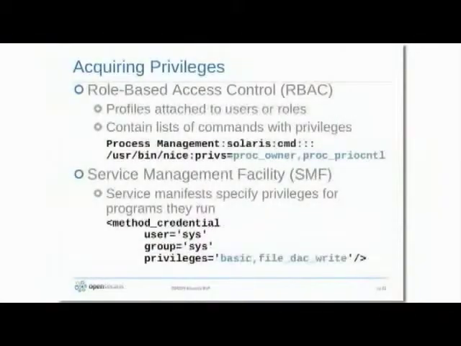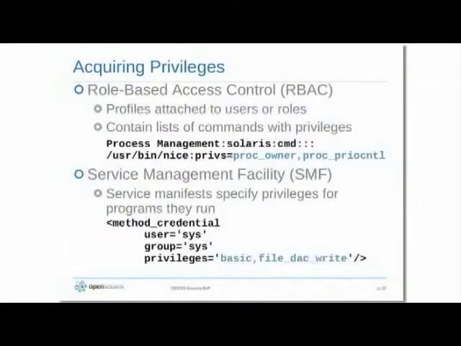So a user using one of those RBAC profiles, like the example on the slide here, the process management profile, lets you control other processes on the system, so it allows you to run the nice command with 2 privileges that you need in order to affect other processes. The proc owner privilege to be able to affect processes you don't own, and the proc prio control privilege, which you need to be able to raise the priority of a process rather than just lower it. So that's one mechanism that administrators and other users can acquire specific privileges.